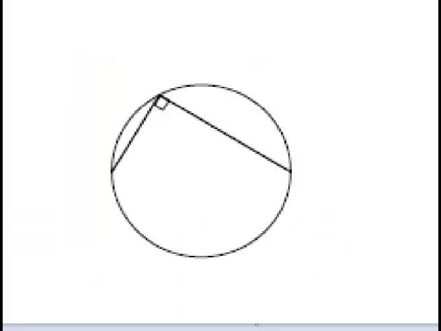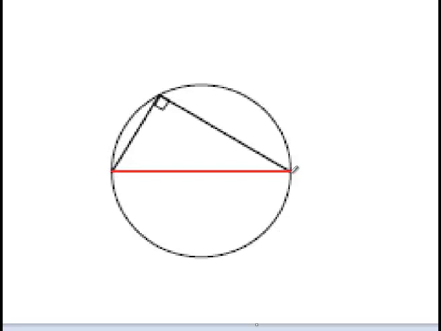Okay, here is our inscribed angle. And let's draw a line going all the way across the circle. And let's assume that this is a semicircle. This whole thing going all the way around is a semicircle, which, of course, means that this also has to be a semicircle.